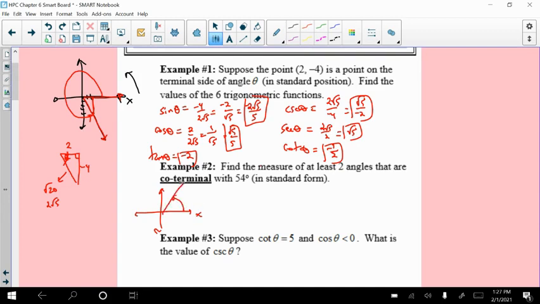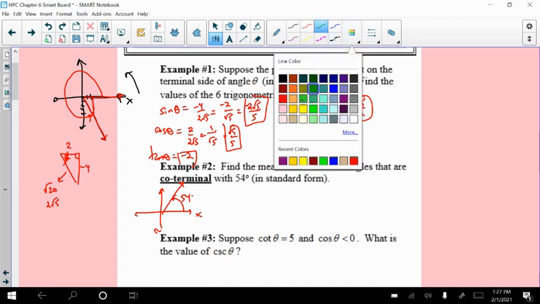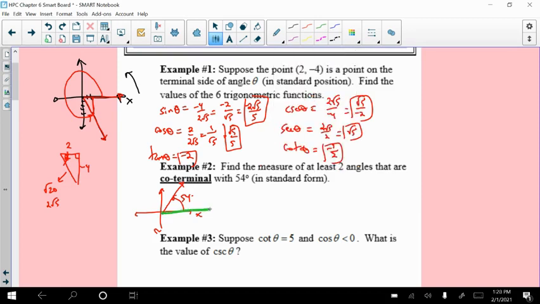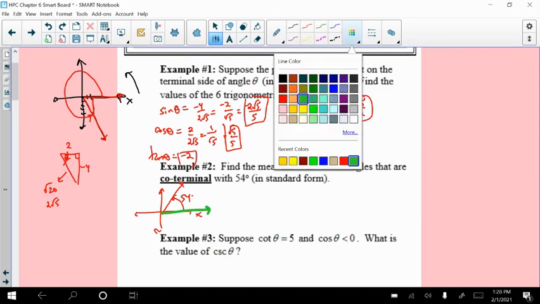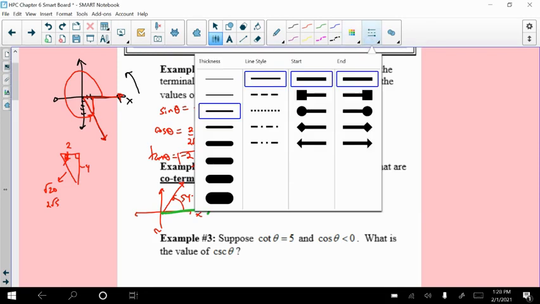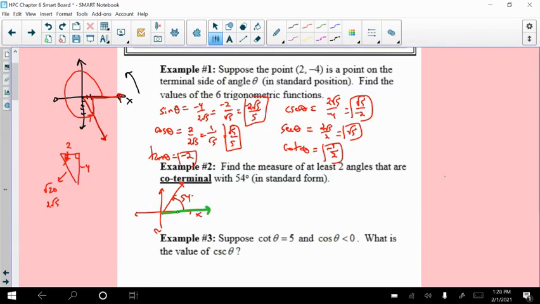So there's 54 degrees. Now, coterminal means that you start and end in the same spot. So I'd want to make sure I still start here, and I want to be coterminal with the ending ray of the 54-degree angle. One way to do that is just to go around more than once. I can draw a little spiral in there and say, okay, there's the ending.